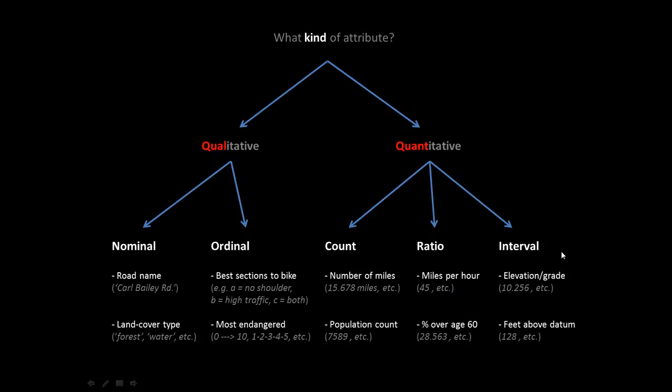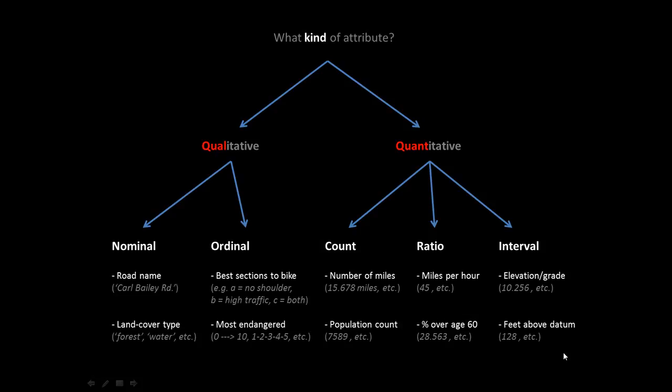Whereas 0 on an interval scale doesn't always mean nothing. So 0 feet of elevation would mean, from sea level, at sea level. But if you measured from low tide, then 0 might mean something else. And it doesn't mean nothing. It is a location on a scale.